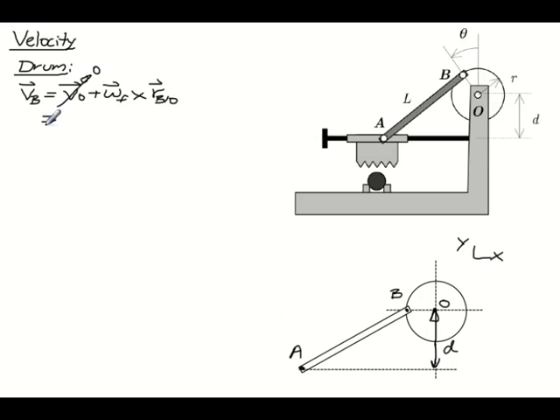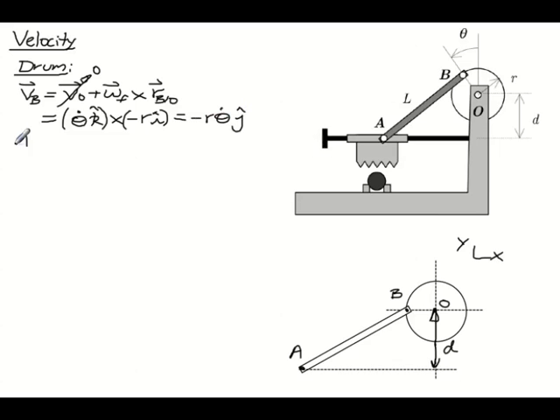Omega F is going to be theta dot. We're given a number for that. It's rotating in the counterclockwise sense, so theta dot K makes sense. And then the vector which goes from O to B is going to be a minus R i. So from this we see that K cross I is a J, so this is a minus R theta dot J. So that's for the drum.